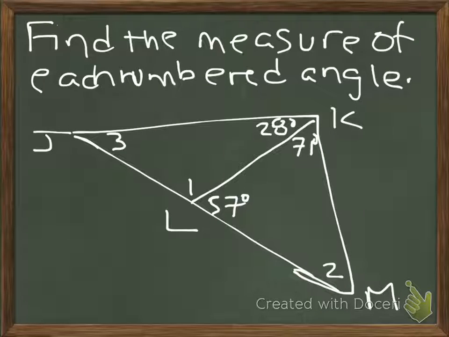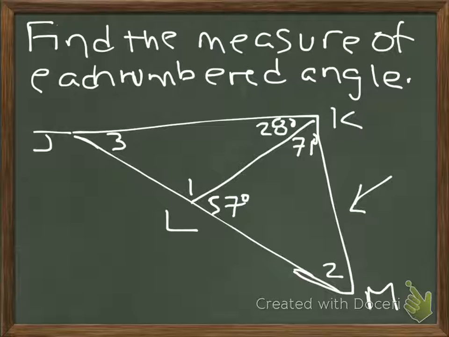So for the first example here, you are going to find the measure of each numbered angle. So we have angles 1, 2, and 3. Based on the fact that the angles of a triangle need to add up to 180, let's start with angle 2 on triangle LKM. We're given 2 out of the 3 angles.